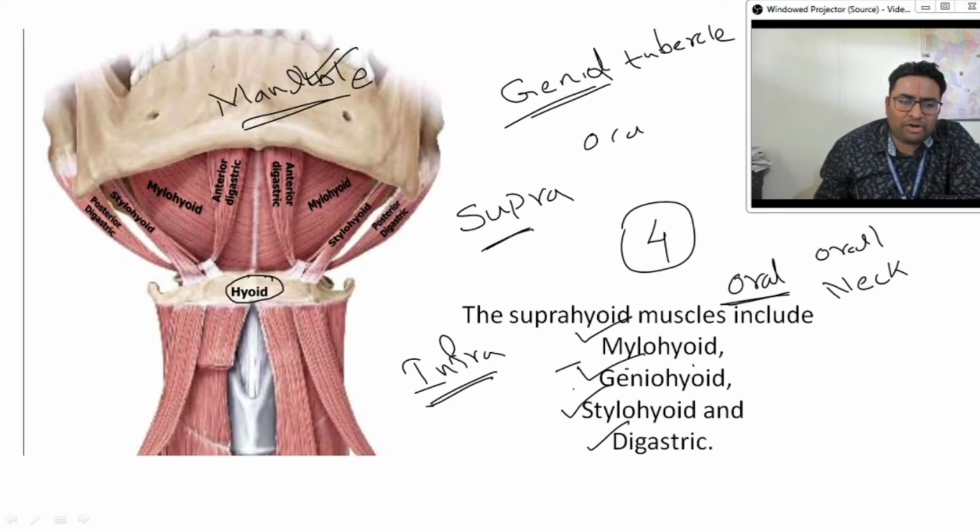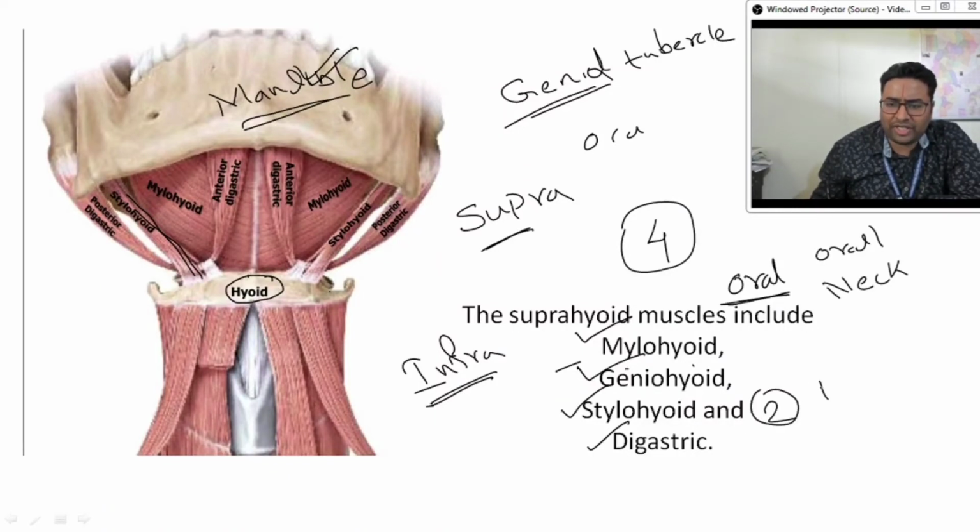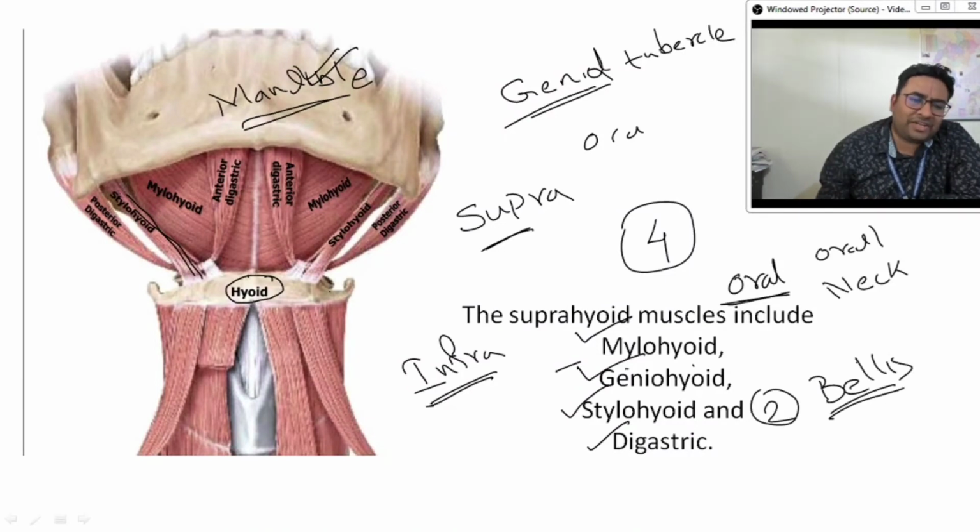Coming to the stylohyoid, from the styloid process that we can see in this diagram, a muscle goes towards the hyoid bone. This is known as the stylohyoid muscle on both sides. The fourth muscle is digastric. Di is two and gastric is bellies, so a muscle having two bellies is the digastric muscle.